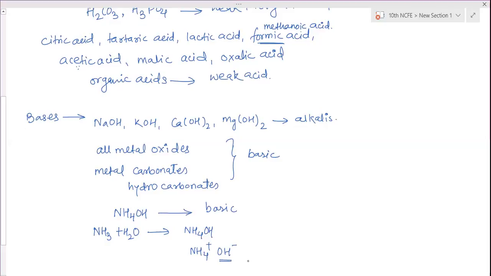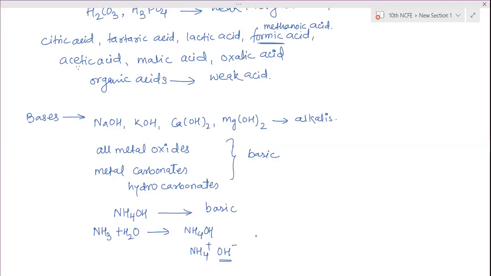So due to formation of OH minus ions, NH3 is considered as base, and this is the most frequently asked question because it is an unusual question. Your school also asks this question every paper.